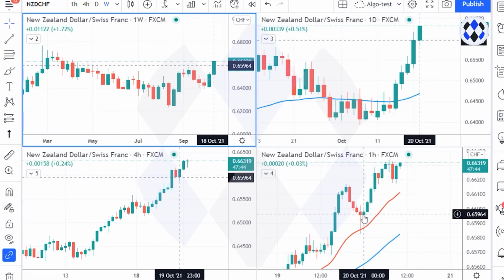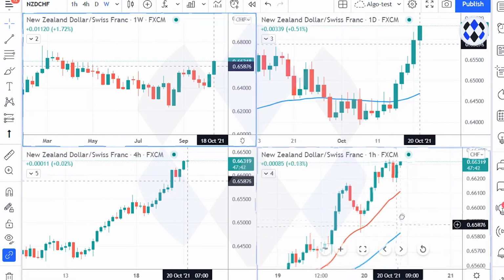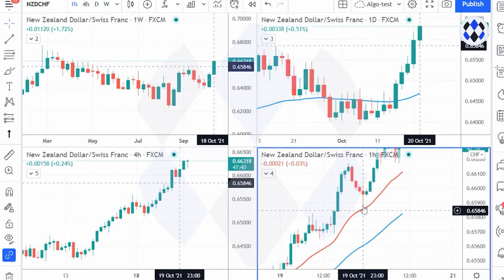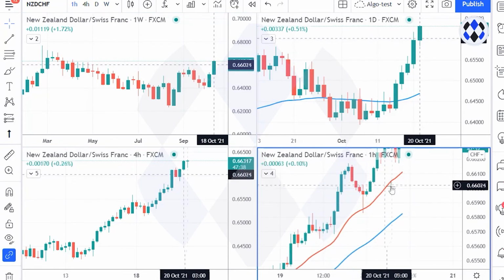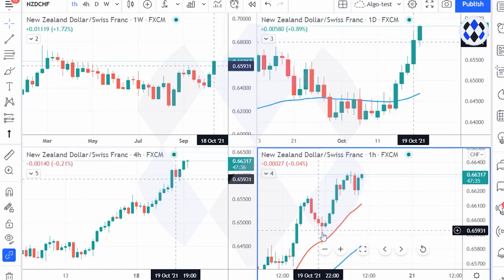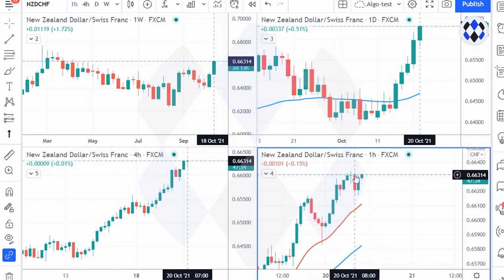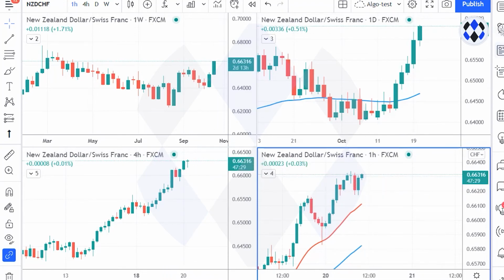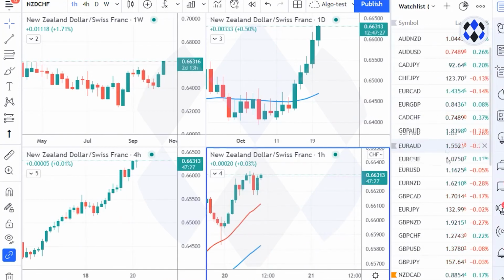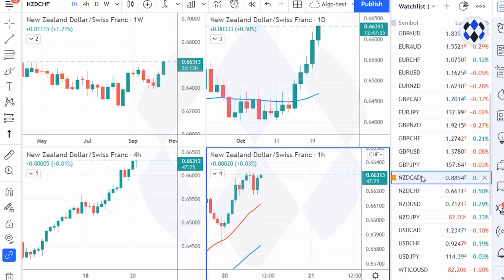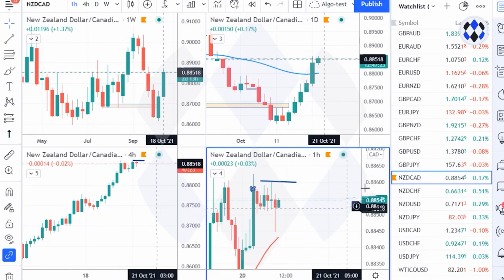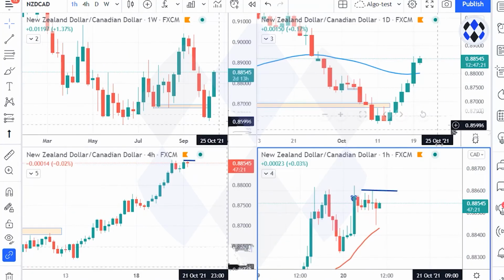Down here actually would have been a perfect setup with a good pin bar bouncing on the 20 SMA, a shot away from here, and we could easily have gotten some very good risk to reward upwards towards this. So right now, the only thing I'm actually kind of comfortable with is a potential long here in the New Zealand dollar CAD.